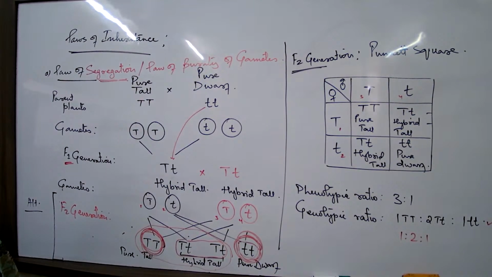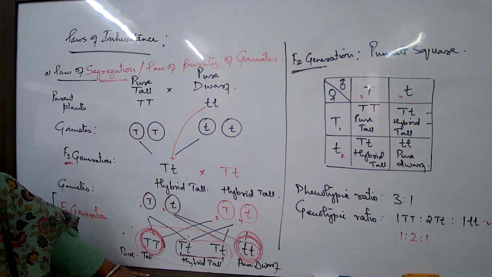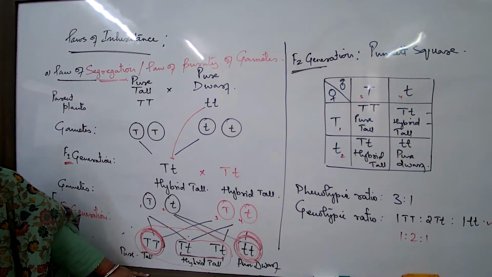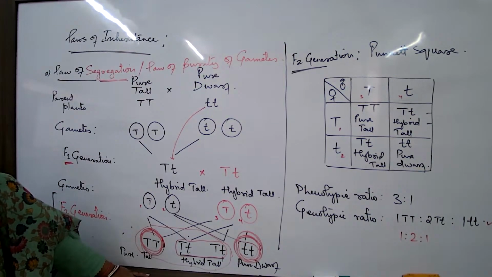The two contrasting alleles or traits in the F1 generation plants do not blend or mix.